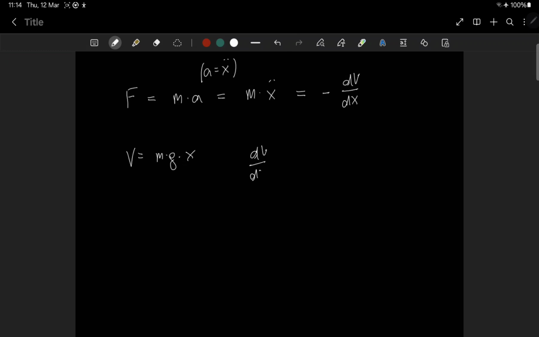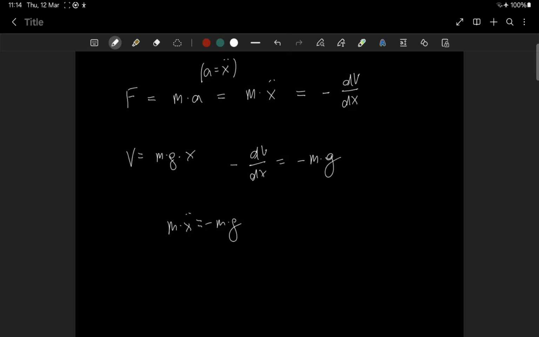So minus dV by dx is minus m times g. So for a body in a gravitational potential close to the earth, we have that m times x double dot is minus m g. That's just a small example to show an example for a potential.